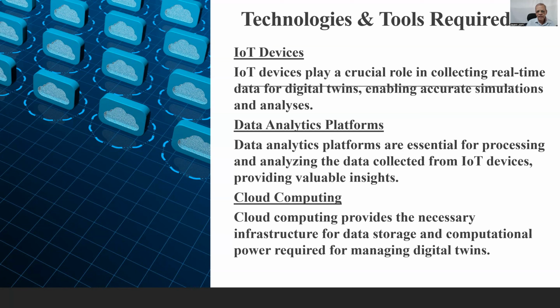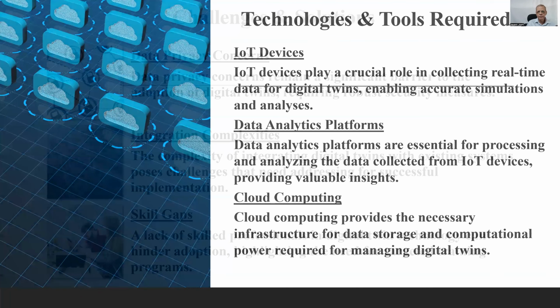Then data analytics platforms, which are essential for processing and analyzing the data which has been captured, collected, and uploaded into the cloud platform, which will give you valuable insights about the process parameters. And then, as I discussed, this will go to cloud computing, and the cloud will have an infrastructure for data storage and computation power to manage those digital twins.